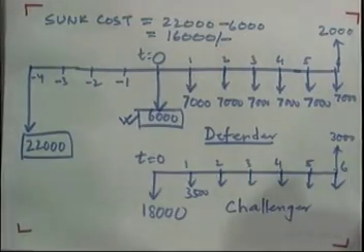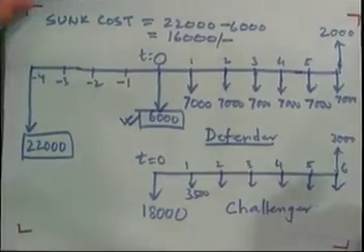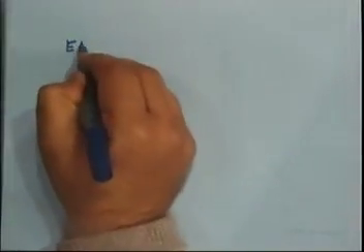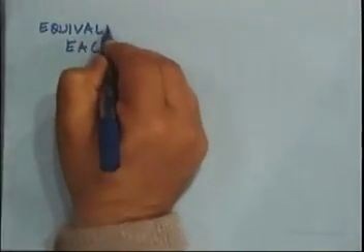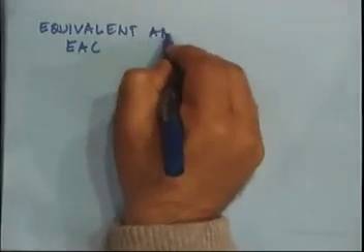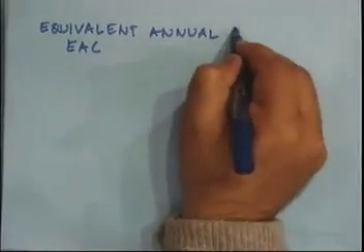So, we will calculate the equivalent annual cost for both the Defender and the Challenger, and whichever cost is less, we will go for that option. So, how to calculate the equivalent annual cost, EAC?